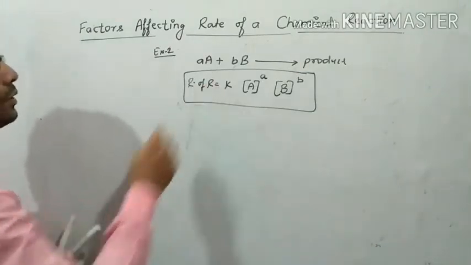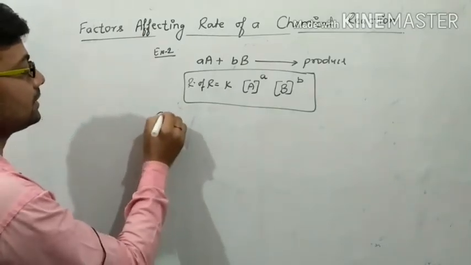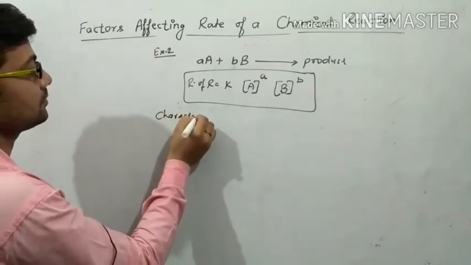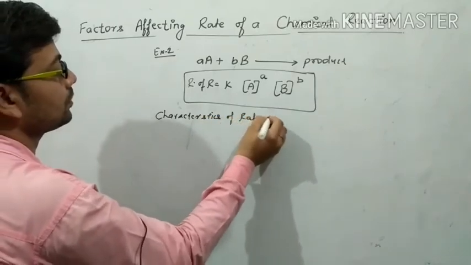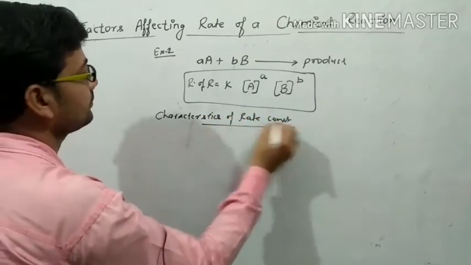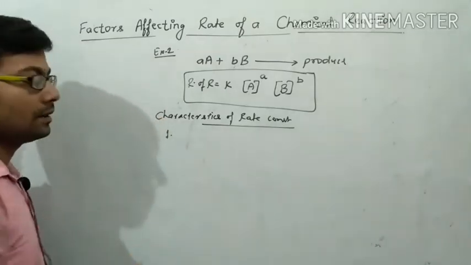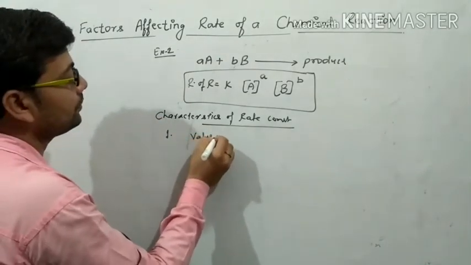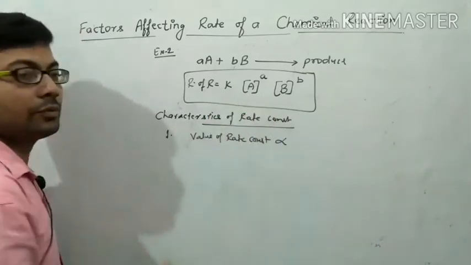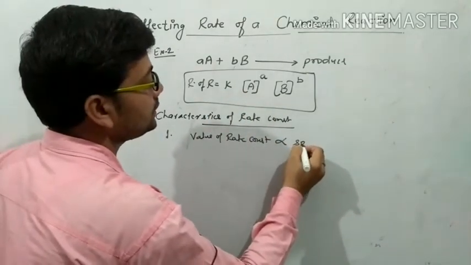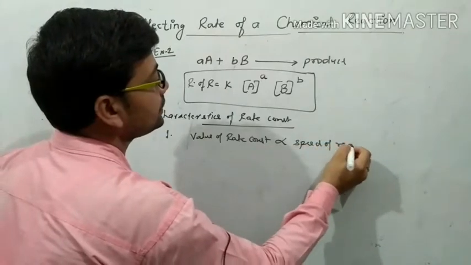Now the characteristics of rate constant. Number 1: the value of rate constant is directly proportional to the speed of reaction.